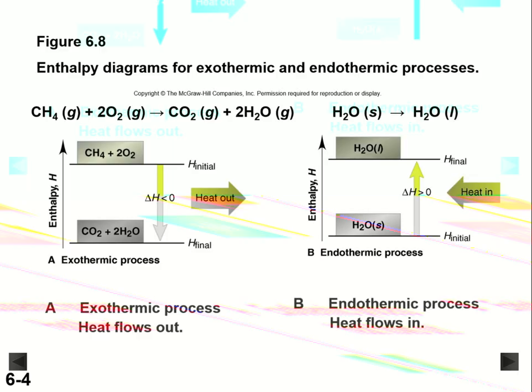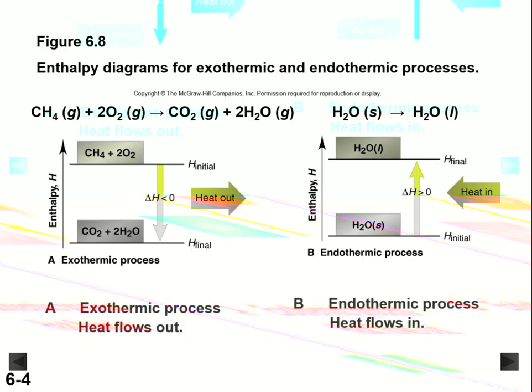Heat flows out of the system. On the right-hand side, we have the companion process. The opposite occurs. Here on the bottom, in the green box, is ice. That's solid water. It's got a low initial enthalpy. The final state of the system is liquid water. That's the brown box. That's a higher enthalpy. Heat has flowed in.